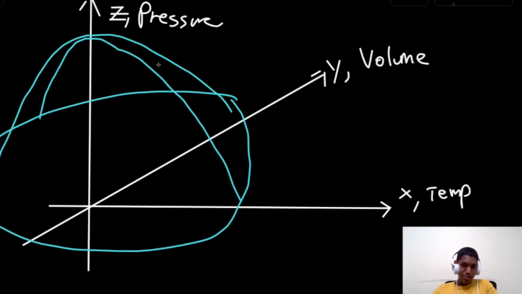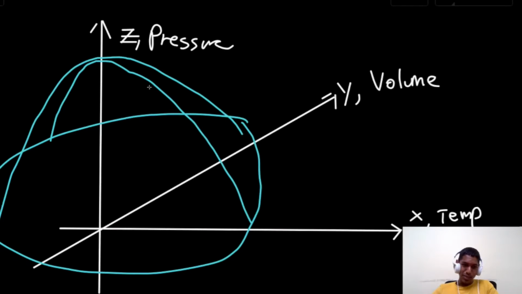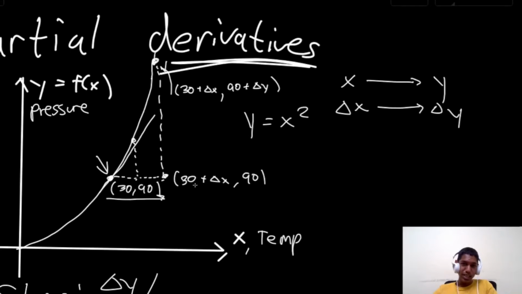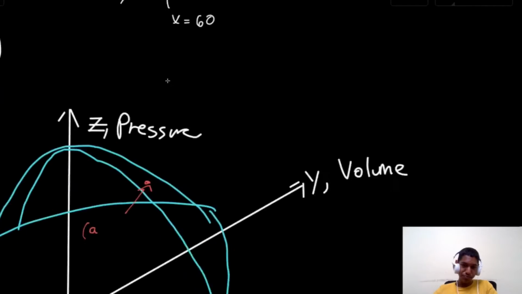So now you say, let's pick some point like we did before. You pick some point here, and before we had 30, 90, because we only had two numbers to deal with.